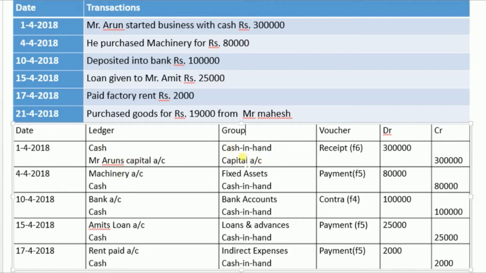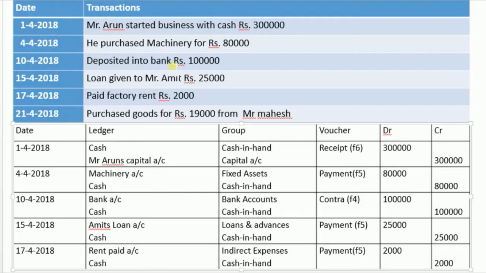Cash comes under the group cash in hand. Main group is current asset, but the subgroup of cash is cash in hand. Mr. Arun's capital account under group capital account, and the voucher is receipt. Even you can mention shortcut key F6. Debit 3 lakh, credit 3 lakh.